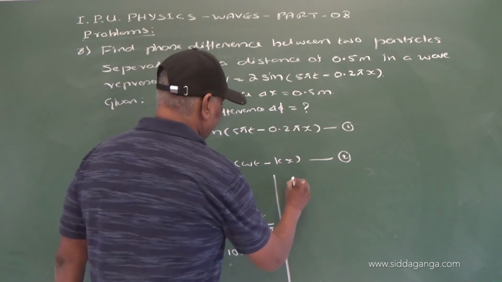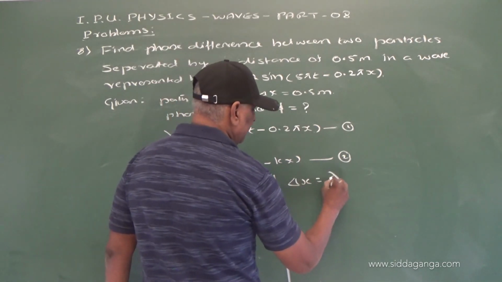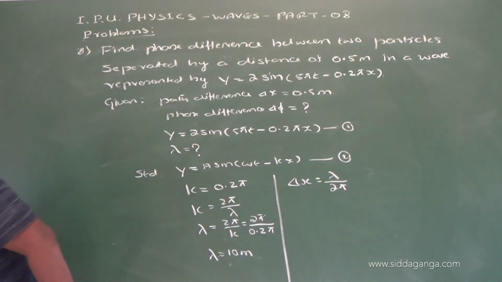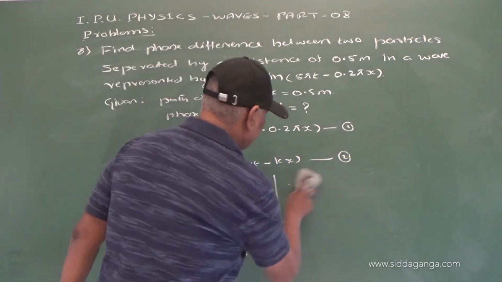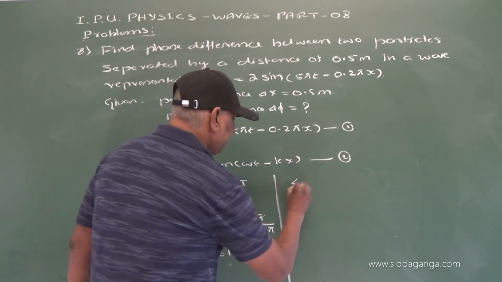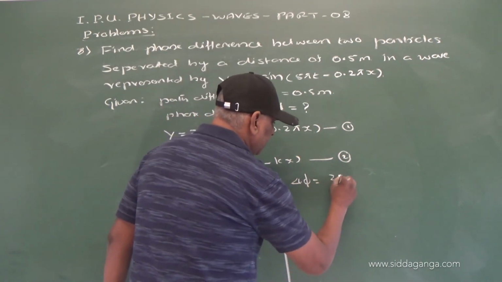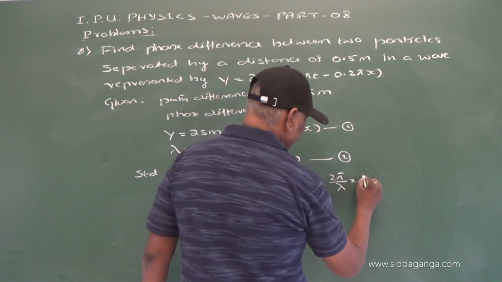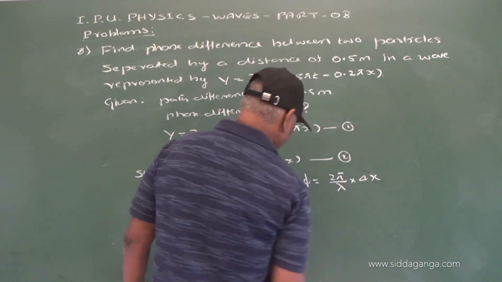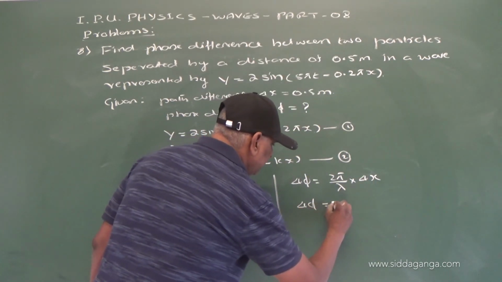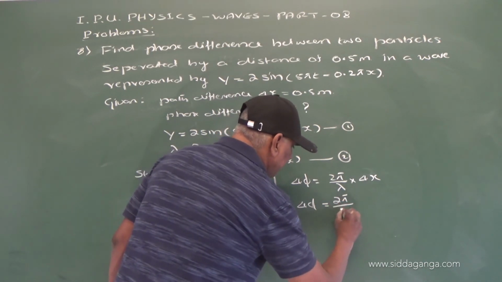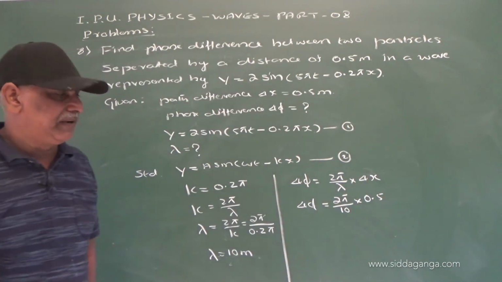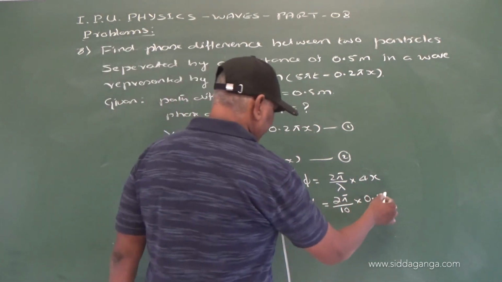Then we have path difference delta x. We need to find the phase difference. So phase difference delta phi is equal to 2 pi by lambda into path difference, that is delta x. So delta phi is equal to 2 pi by 10 into 0.5. 2 into 0.5 is equal to 1.